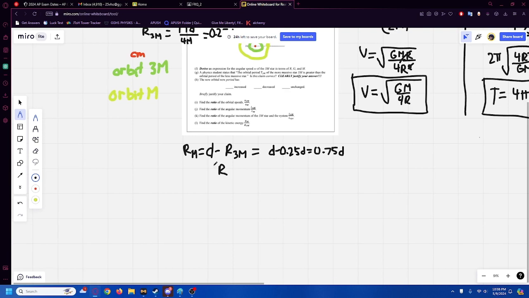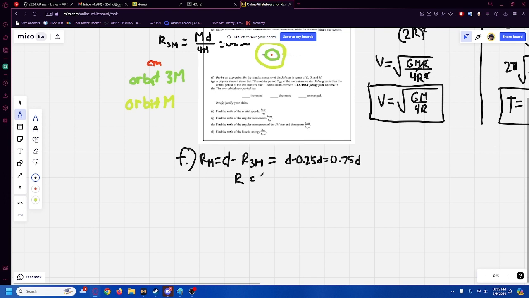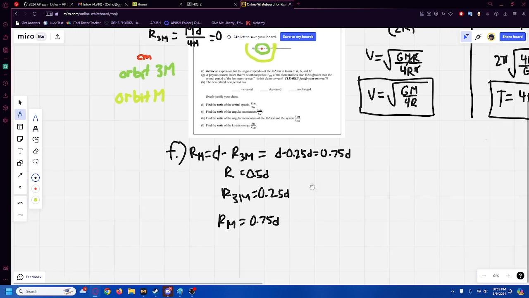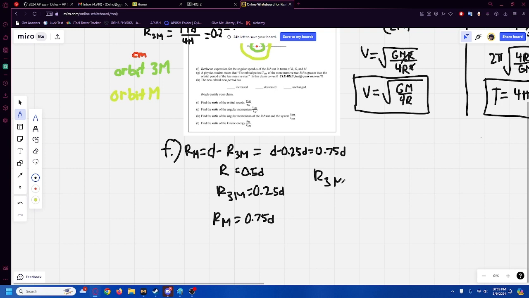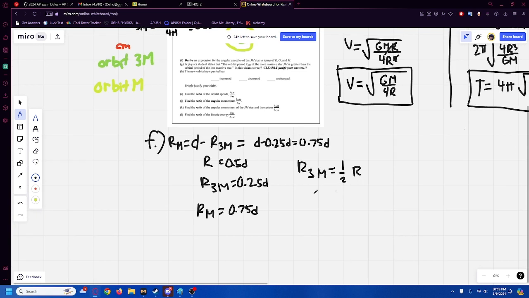So R is equal to 0.5 d, the original R. R3m is equal to 0.25 d, and Rm is equal to 0.75 d. So this means that R3m is equal to 1/2 R, and Rm is equal to 3/2 R.